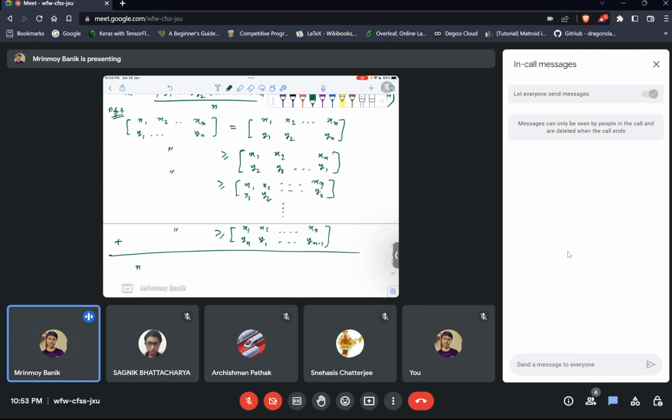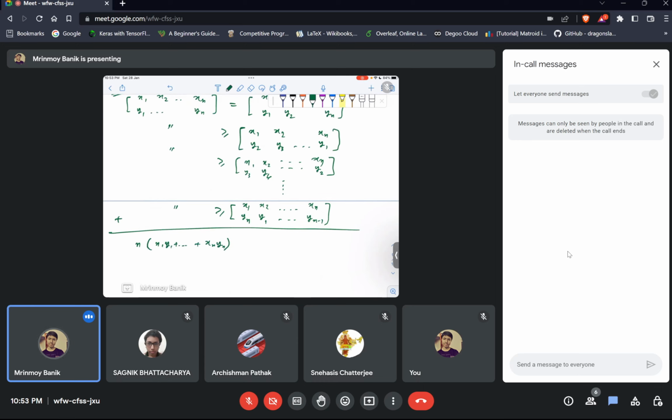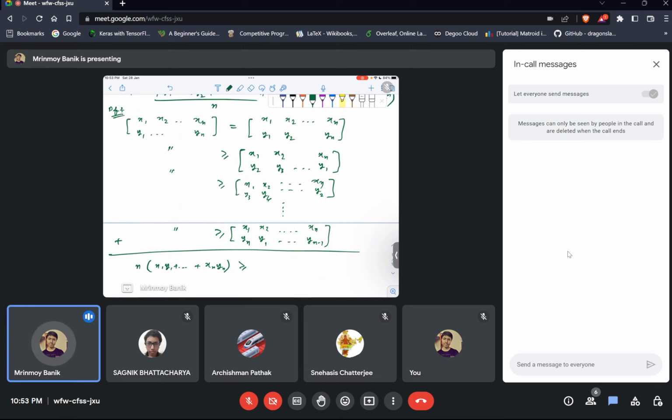So we have got n times x1 y1 plus up till xn yn, the dot product. And on the right hand side we have all kinds of combinations, all the possible permutations, right?